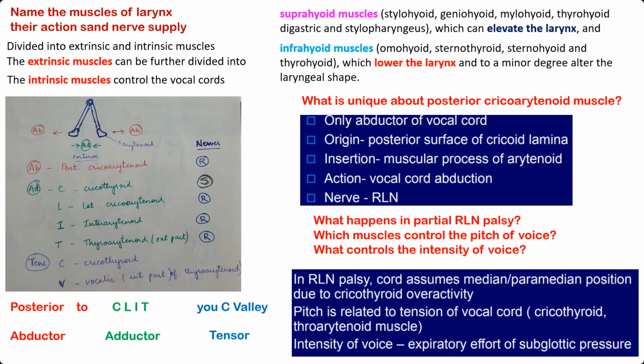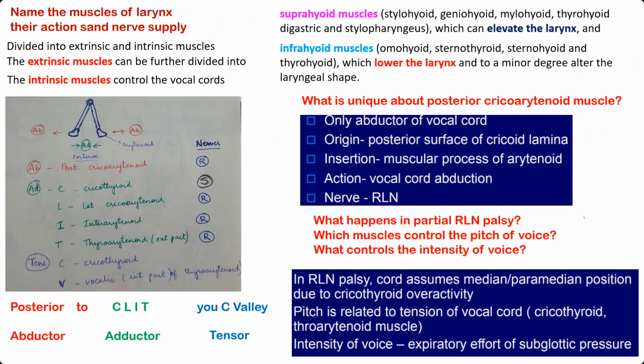The pitch of your voice is mainly controlled by the cricothyroid, because they are the tensors, and the vocalis. These two muscles are important for any alteration in our voice. The pitch and the tone are mainly by the tensors, and the intensity of the voice is mainly by the expiratory effort of subglottic pressure.